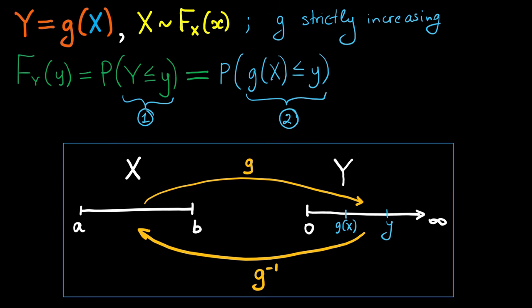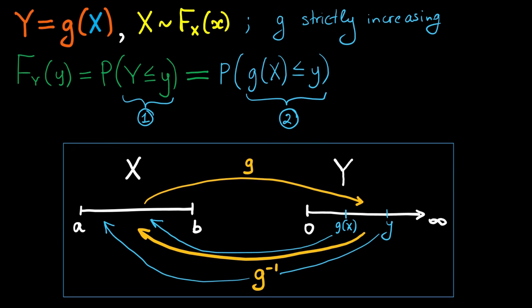But we don't know anything about the probabilities of events in the sigma algebra of y. We do know the CDF of random variable x and the probability of events in the sigma algebra of x. So then we want to translate g of capital X and y from the range of y to the range of x.